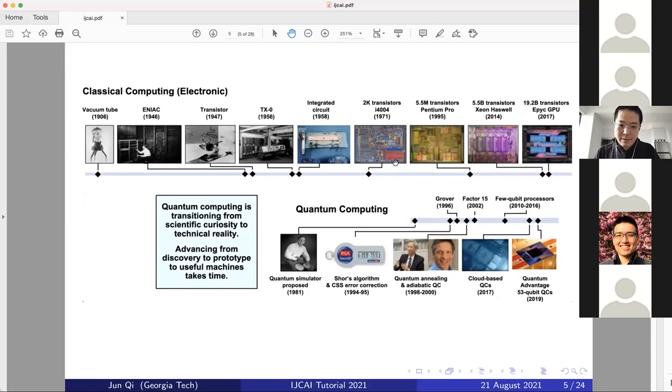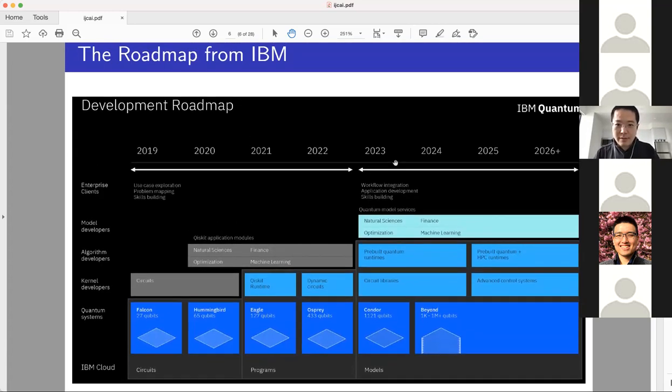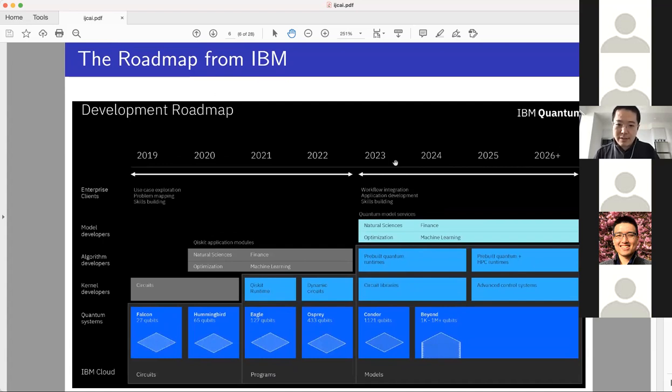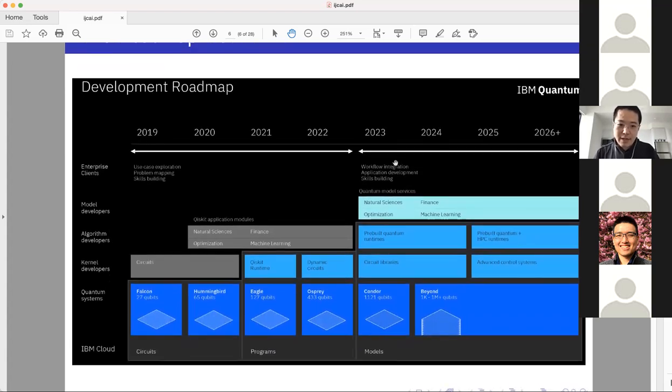IBM shows a timeline for the development of quantum computers. Currently, we are in 2021. This year, IBM announced their 127 qubit quantum computer.